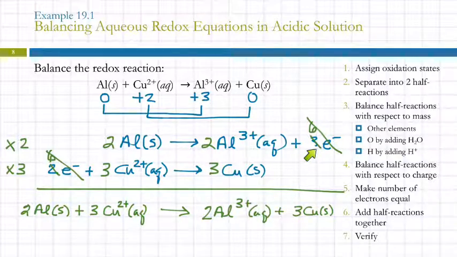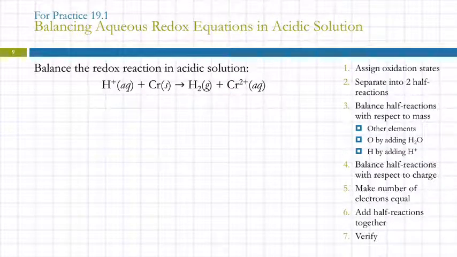I started out with 3, and I multiplied by 2 to get 6. And down here, I had to multiply by 3 so that this number of electrons would be 6. And then these just happened to be 3 each. Okay. Any other questions? So this is a very simple one. We'll do some that are a little more complicated.